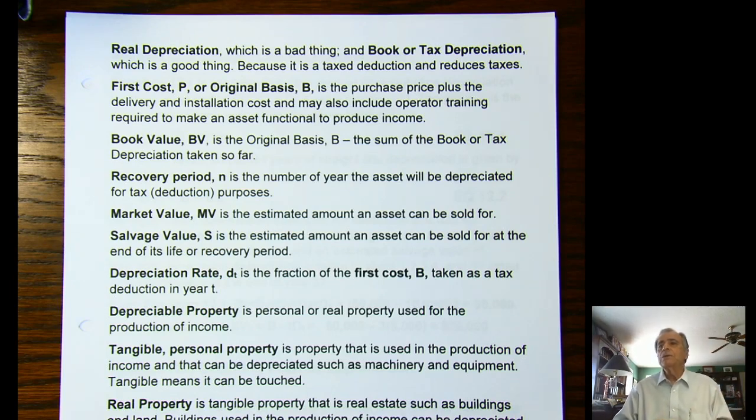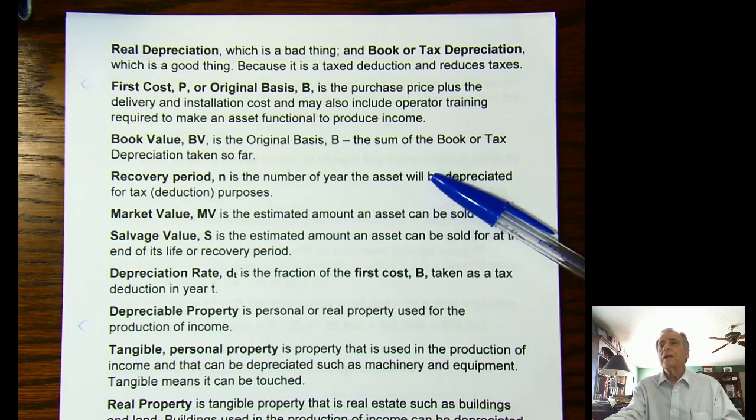Suppose you owned an apartment building in a very desirable part of Houston. The apartment building is probably going up in value, so it's not depreciating, it's actually appreciating, but you still can take depreciation every year.